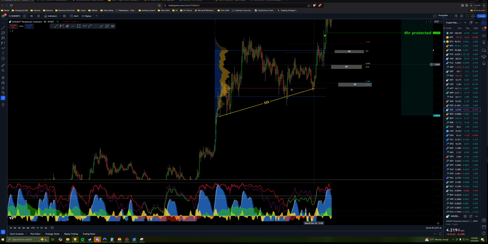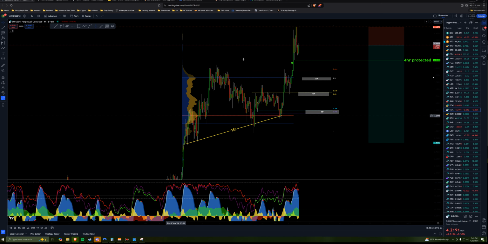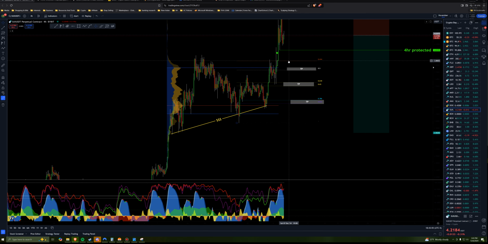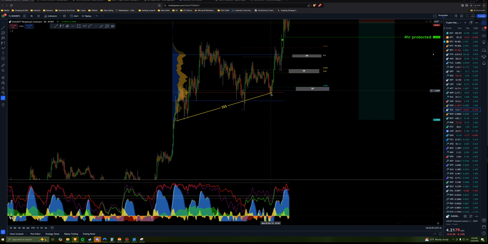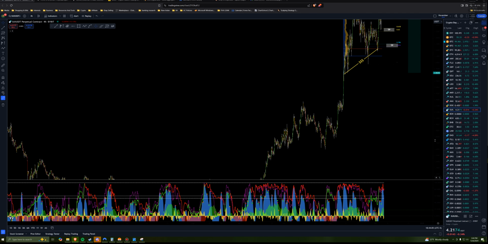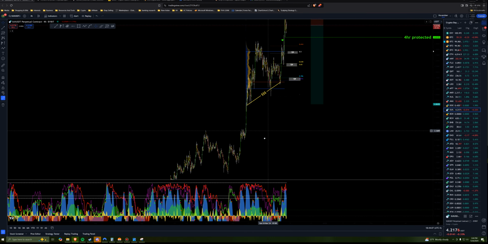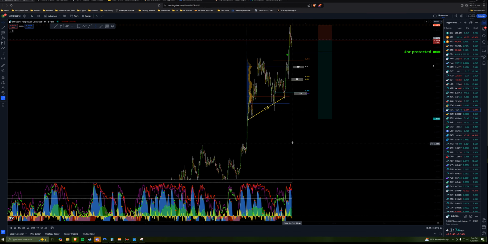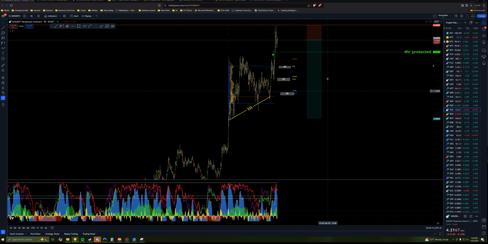I'd like to see it come and run all this, but this is quite a bit of market structure. So we'll take TP on the 414, the 0.5, the 618, and the 786, and then let runners go for that liquidity down there. Really be nice to pick this back up down here, but we don't necessarily have to. Or like market makers don't have to let it drop that much.